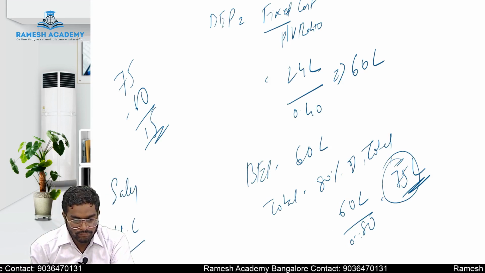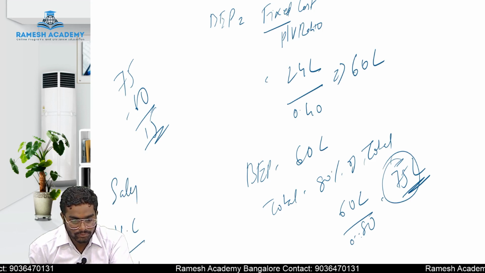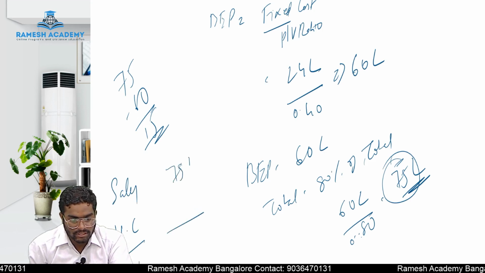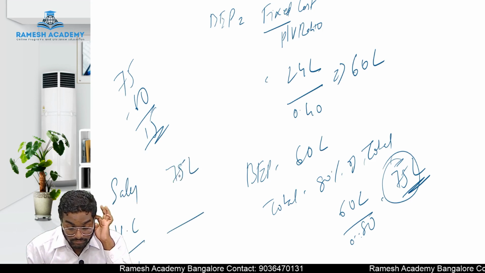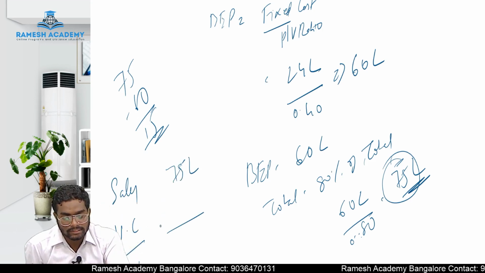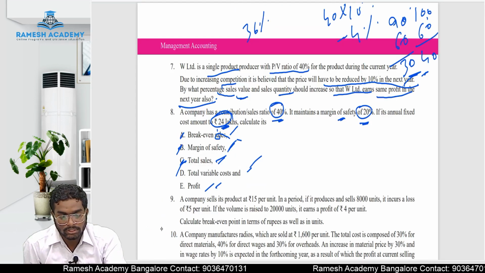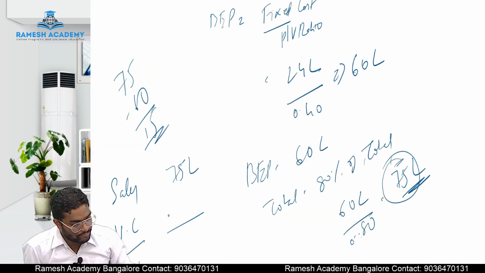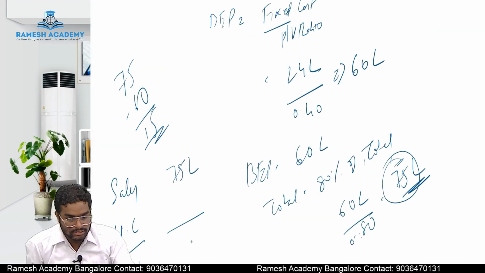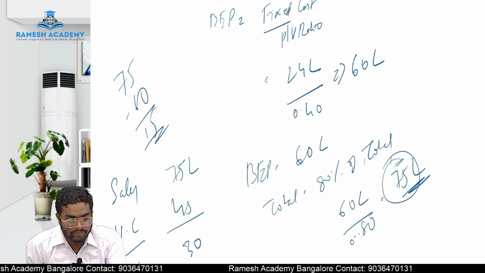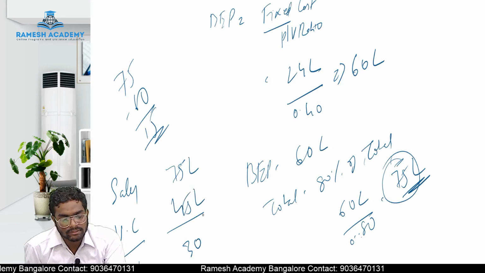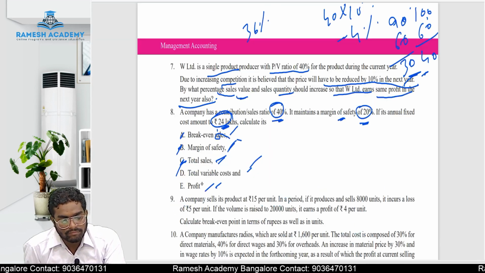Sales, VC, contribution. So sales is 75 lakh. VC is the balancing figure because I'll calculate the contribution. So contribution is 40%. So 75 into 40% is 30, which means my variable cost is 45 lakh. That's all. Now next we have to calculate the profit.